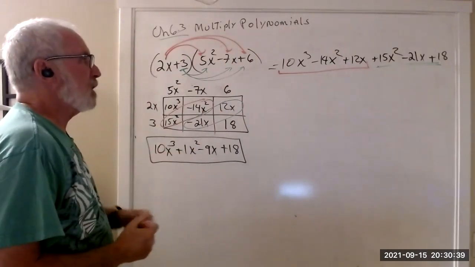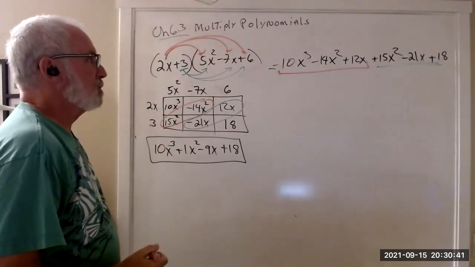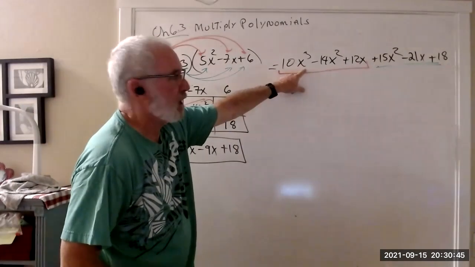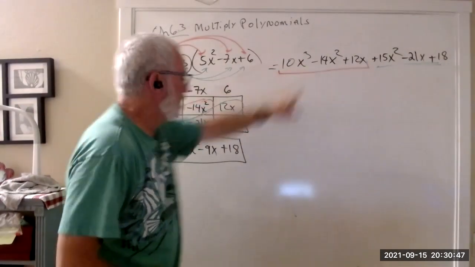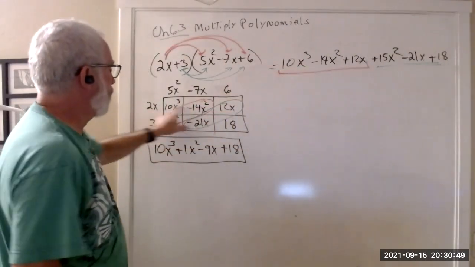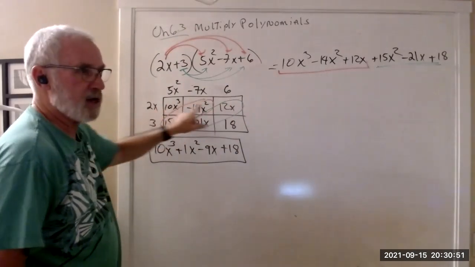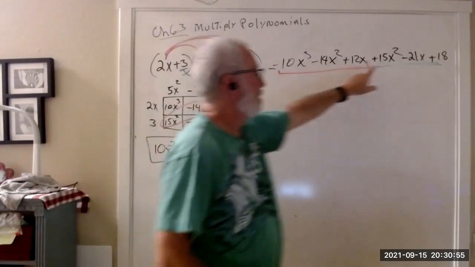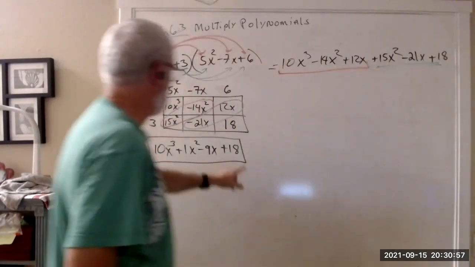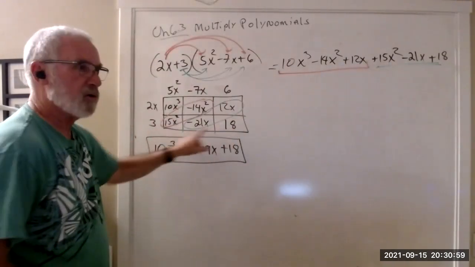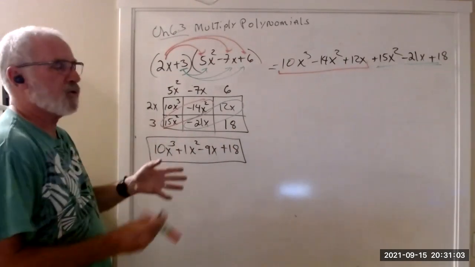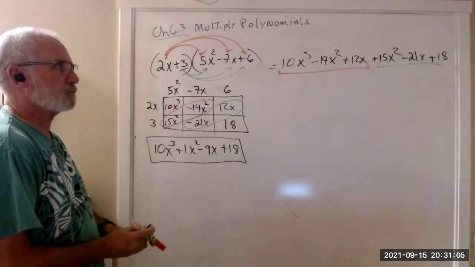Now you look for like terms. By the way, notice something. This line here in red and this row here of my table or my matrix is the same. This line in green, the second row here, is the same. So these are matching each other. They're just different ways of organizing your work.